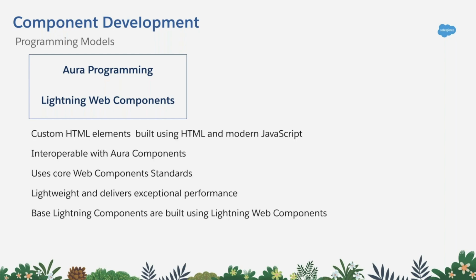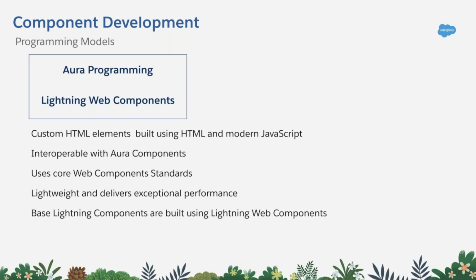Why? Because it's built using modern JavaScript and HTML5, and it's also interoperable with Aura components. You need not worry about the components that already exist. If you're creating new components, you can use the LWC programming model.